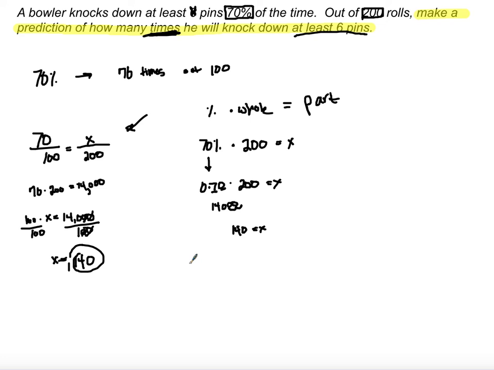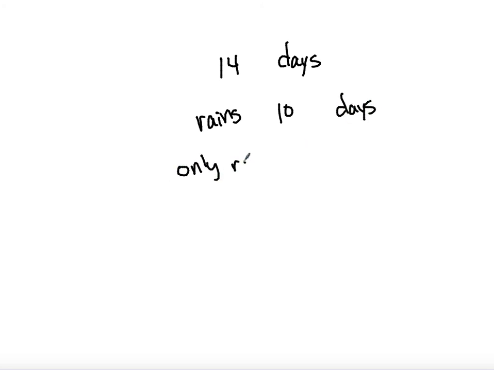So the first problem that you work on in your workbook talks about a family that's going on vacation, and they're going for 14 days. And it says that it rains on average 10 of those days. And they only want it to rain 7 or less days.